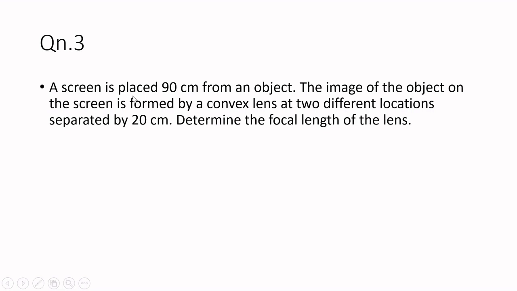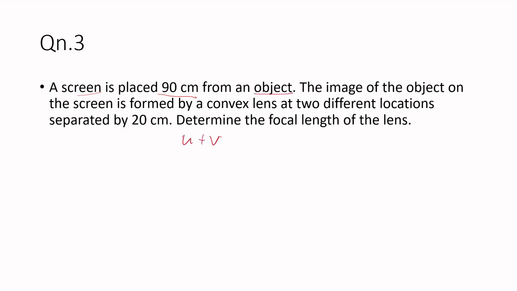In this question, a screen is placed 90 centimeters from an object. The image of the object on the screen is formed by a convex lens at two different locations separated by 20 centimeters. Determine the focal length of the lens. So we are given 90 centimeters as the screen's distance from the object.